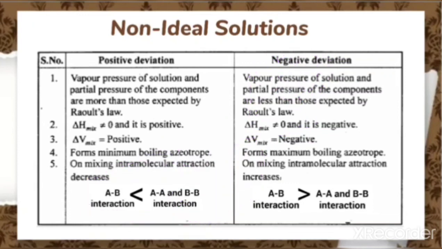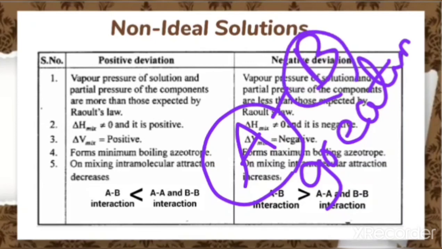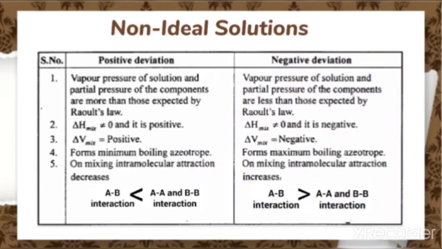But in the case of negative deviation, the AB interaction is greater, which means the molecules of A and B will come a little closer because there is a greater interaction. That means the overall volume is reduced. So that is how we can explain the properties of delta H mixing and delta V mixing on the basis of the interaction between the molecules.